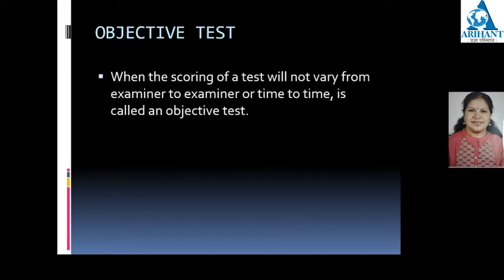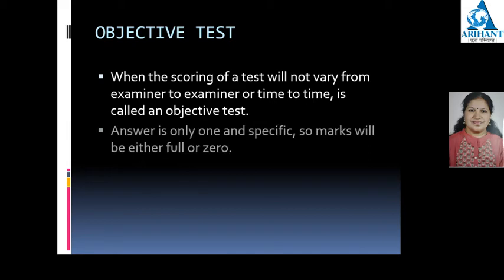First we will see what is meant by an objective test. When the scoring of a test does not vary from examiner to examiner or from time to time, it is called an objective test. Means if the test is conducted many times or assessed by various examiners, the score will still be the same. The answer is only one and specific, so marks will be either full or zero.